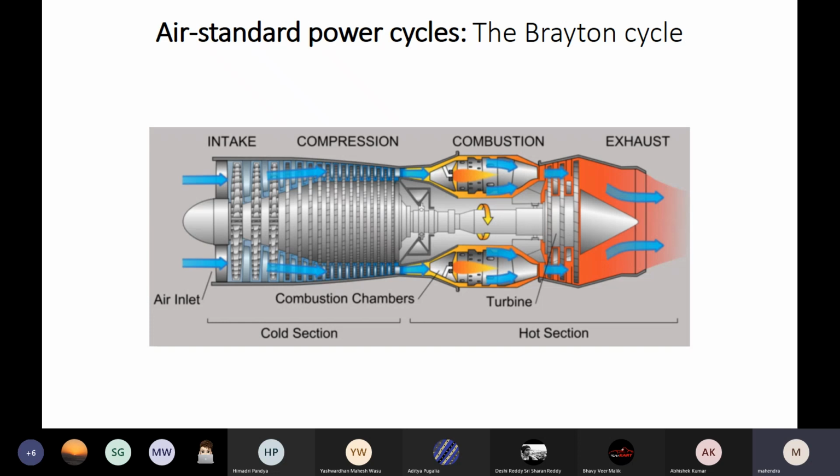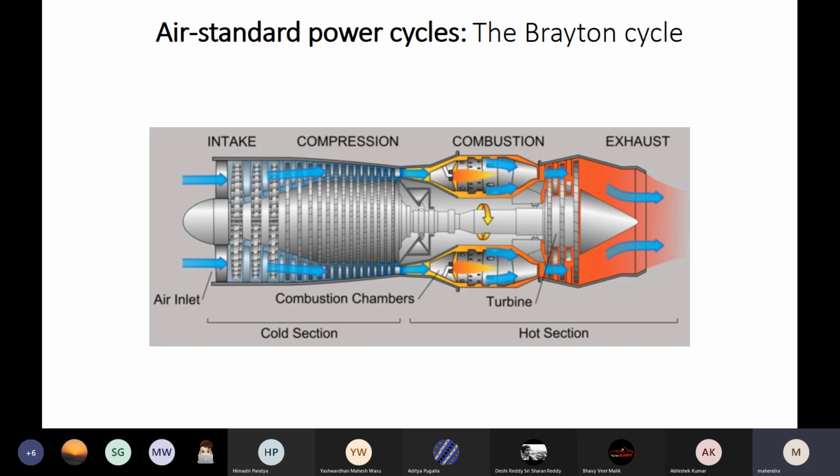Now, based upon the application, whether you are using this complete system as an aircraft engine or only for electric energy production, we will be expanding accordingly. When using this engine for aircraft applications, you expand only up to a certain pressure, so that the work coming out of the turbine is sufficient to run the compressor as well as the air intake blower.